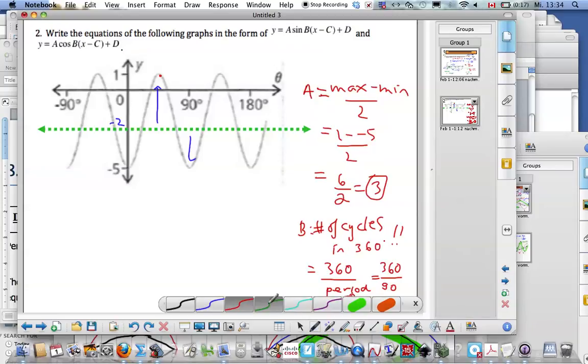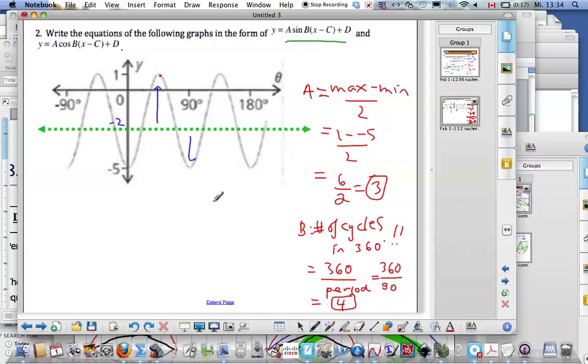Now we're going to go to C, that pesky C, and right now we're dealing with the sine. This is a little bit trickier, because remember, the sine curve starts in the middle between the max and the min. So it's somewhere here.